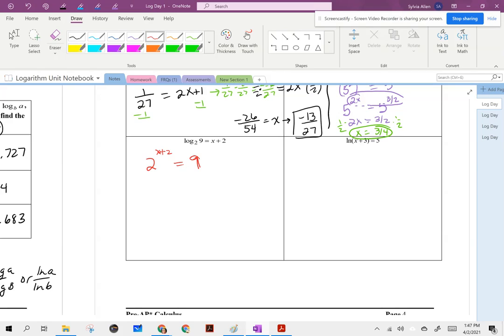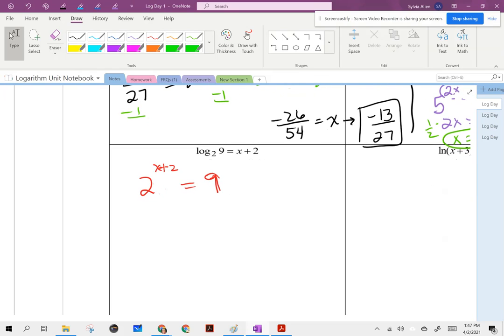So what I can do is use my calculator and/or also use Desmos to graph the first equation, y1 equals 2 to the x plus 2, right?